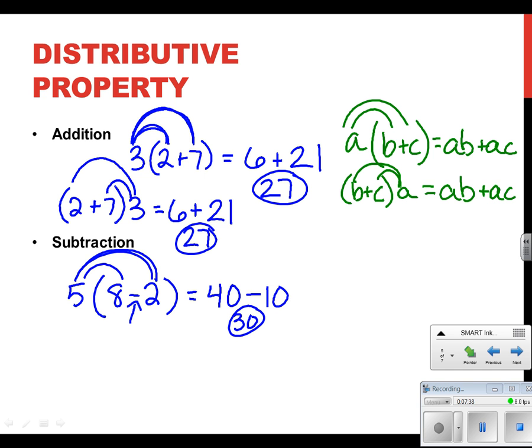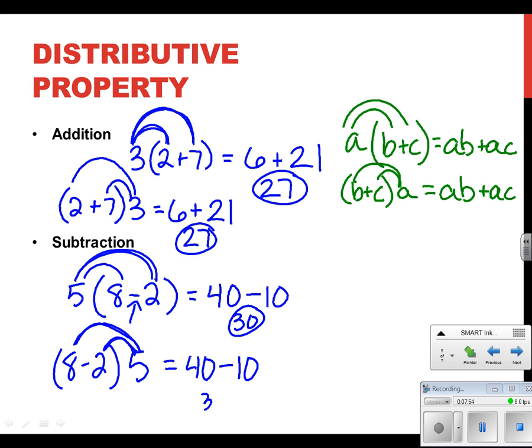The same would be true as if I had 8 minus 2 times 5. I distribute the 5 to the 8 and to this 2 here, which is really a negative 2 because of the minus sign. 5 times 8 minus 5 times 2. We get the same thing.